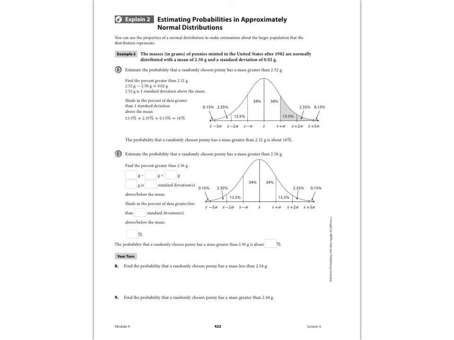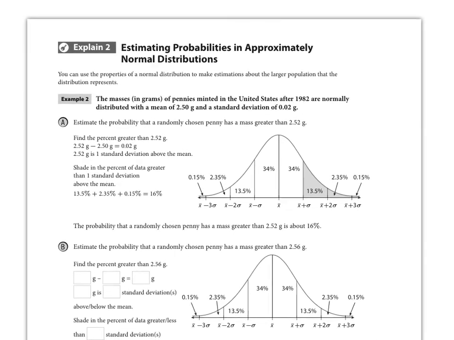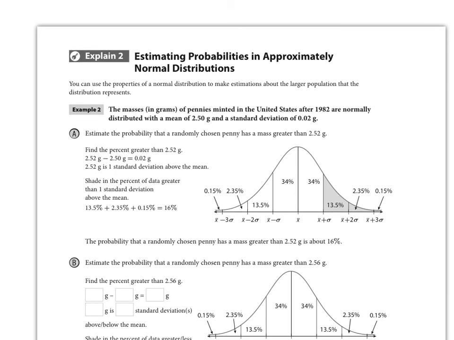And the next type of example we're going to look at is actually not that much different than what we just did, because this is now asking for us to calculate probability. Like if I took a whole bunch of pennies and then just chose one at random, what's the probability that I would choose a penny that had a certain weight to it?